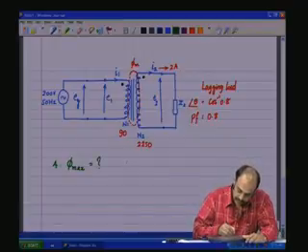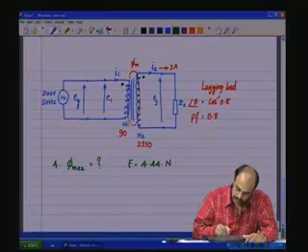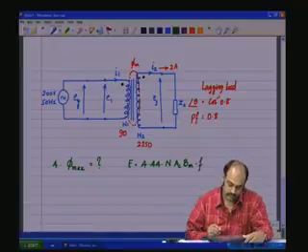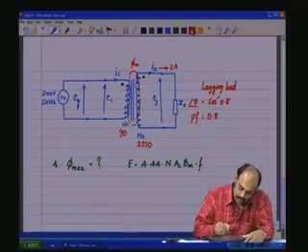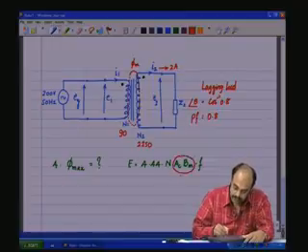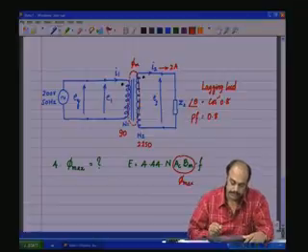So, we know that E is equal to 4.44 N AC B M into F. What is this one? Flux density into AC is nothing but phi max or phi m.